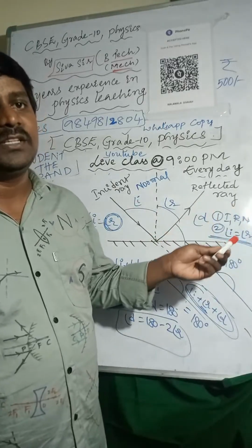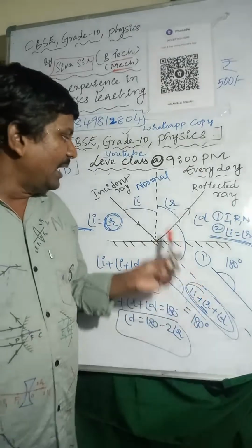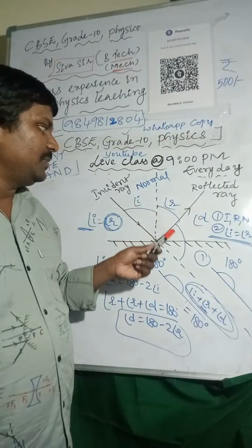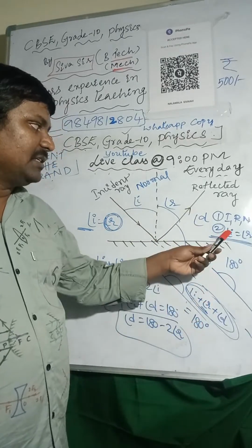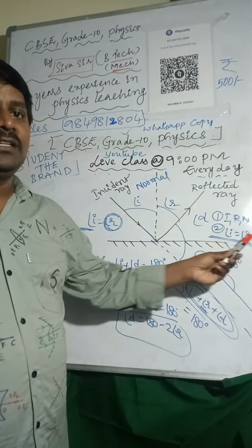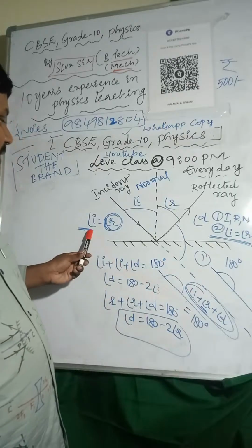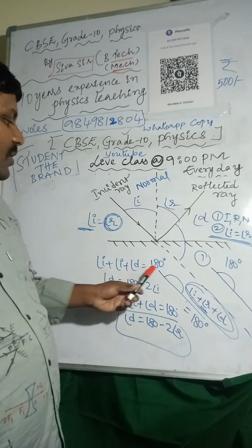So now angle of incidence plus angle of reflection plus angle of deviation is a linear pair, that is 180 degrees. From the laws of reflection, angle of incidence is equal to angle of reflection, right? So instead of that, I am writing angle of incidence plus angle of incidence plus angle of deviation equal to 180 degrees.